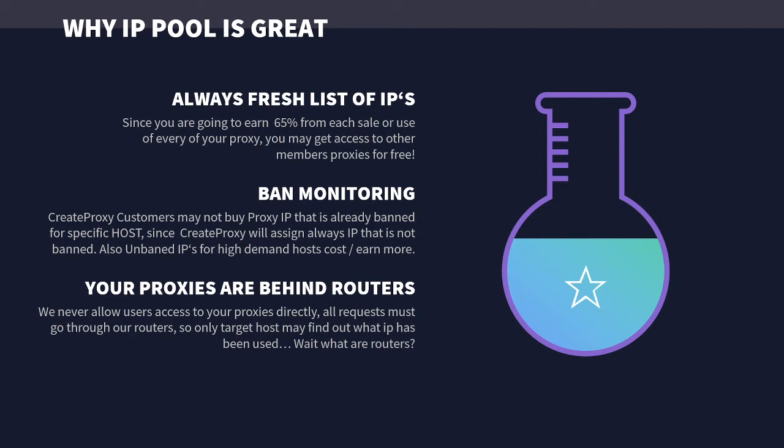Another cool feature is that if you add your own proxy to the CreateProxy IP pool, another CreateProxy member or customer may not see what IP address is being used, because your proxy IP address is working behind a router. Your customer gets only access to the router, which looks like a regular proxy IP address.